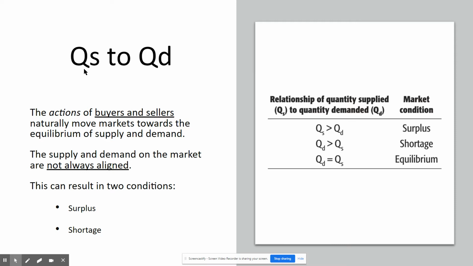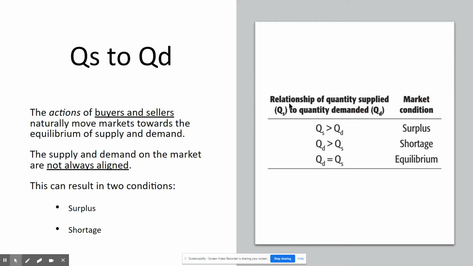All right, quantity supplied to quantity demanded. So the actions of buyers and sellers naturally move the markets towards the equilibrium of supply and demand, okay? The supply and demand of the market are not always aligned, though. And so what we have are two conditions beyond equilibrium. One is called surplus and one is called shortage.